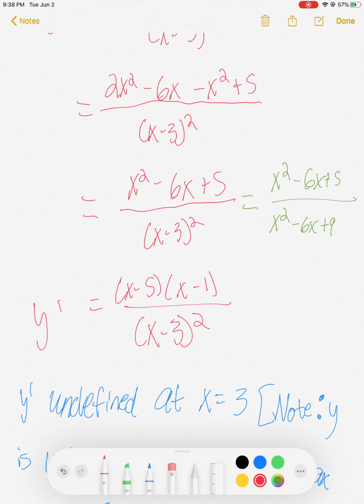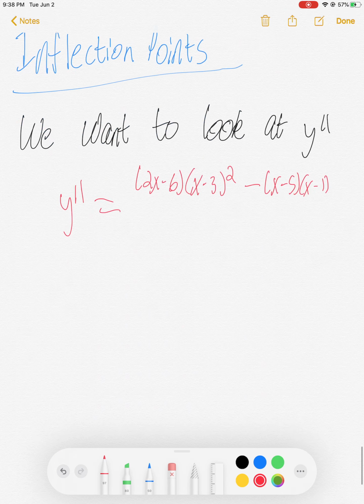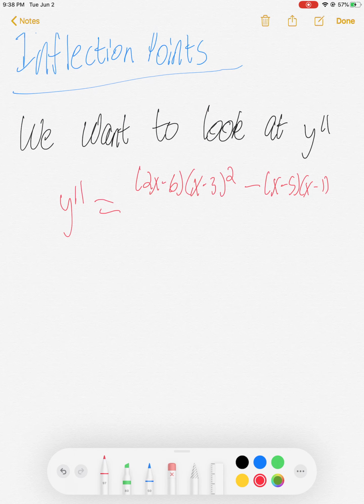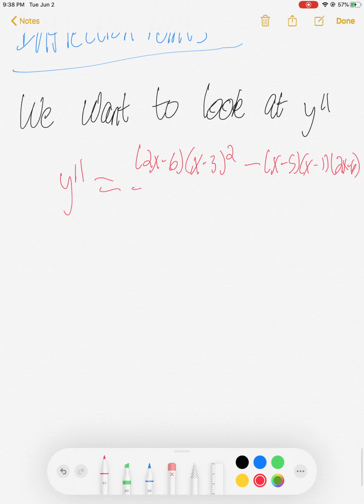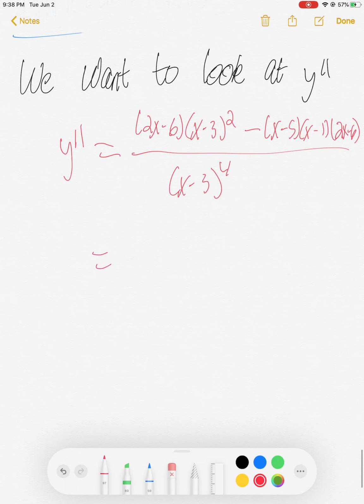And here I'm going to leave that as x minus 5, x minus 1. And then I'm going to multiply that by the derivative of that denominator, which is 2x minus 6. And then this is all going to be over x minus 3 to the 4th.